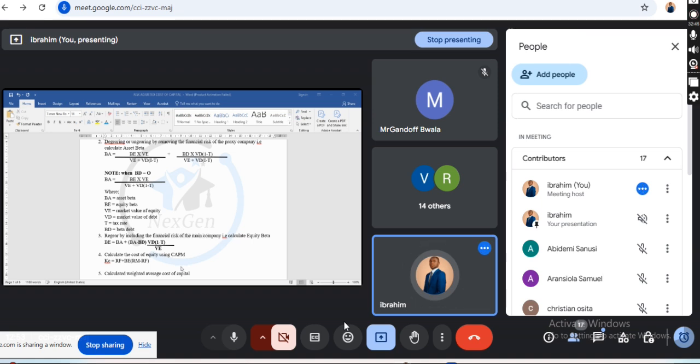Now you can see that your equity beta, your cost of equity using CAPM, has included the business risk as well as the financial risk of the main company and the business risk of that company you are diversifying into. You can see it now. So that is the process.